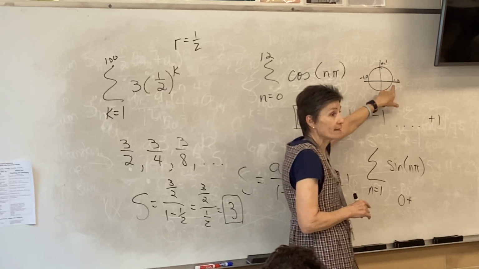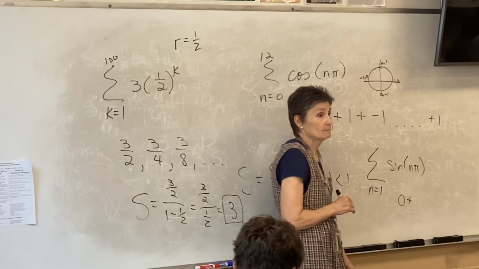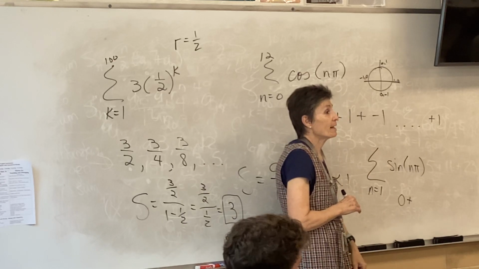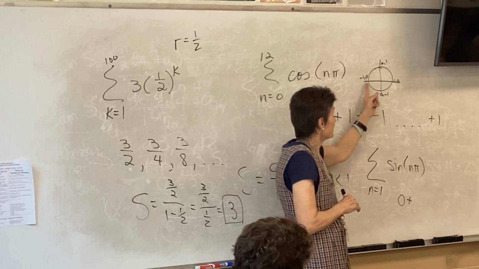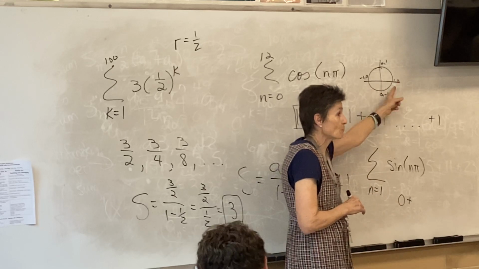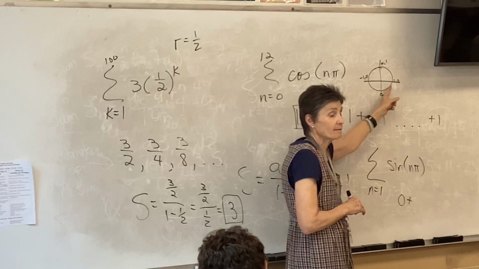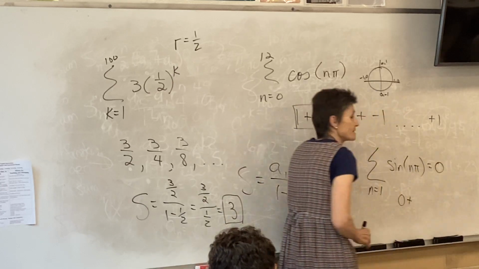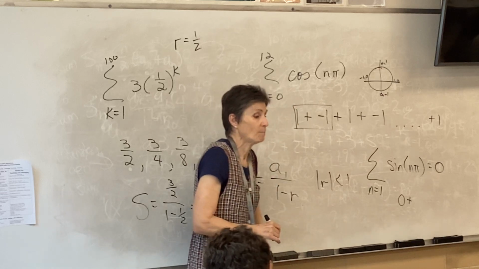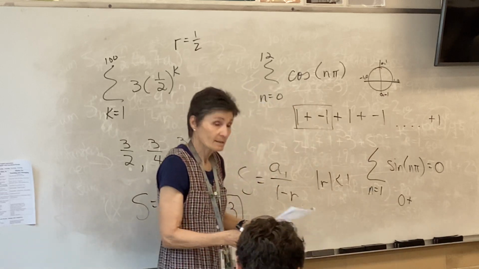What's the sine of 2 pi? And 3 pi? Here's pi, here's 2 pi, here's 3 pi, here's 4 pi. What's the sine? The sum is just going to be 0, because the sine of every multiple of pi is 0.